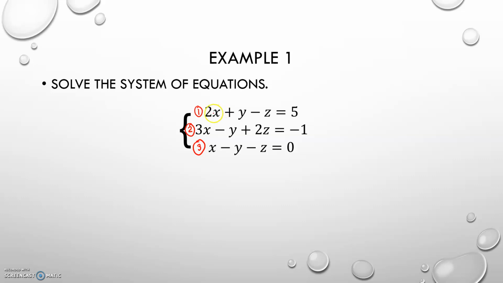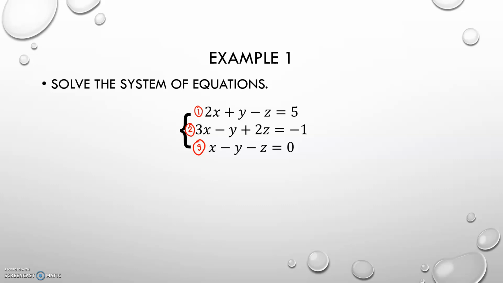The way that I pick it is I look at the coefficient of my x's. I've got 2, 3, and 1. Of my y's, I've got 1, negative 1, and z has -1, 2, -1. And I'm going to look for which one requires the least amount of work. It doesn't matter which variable I eliminate twice first.